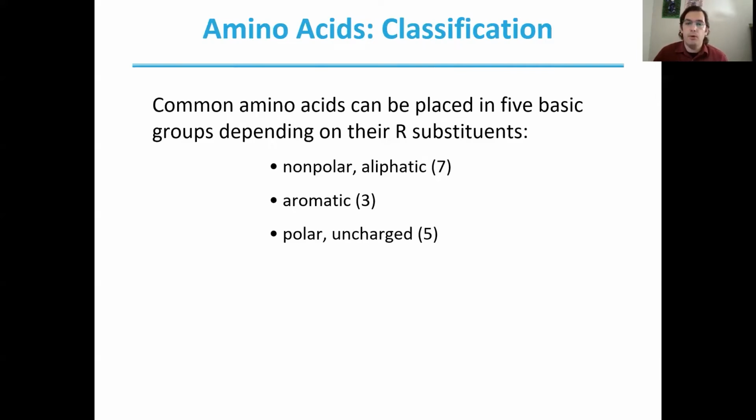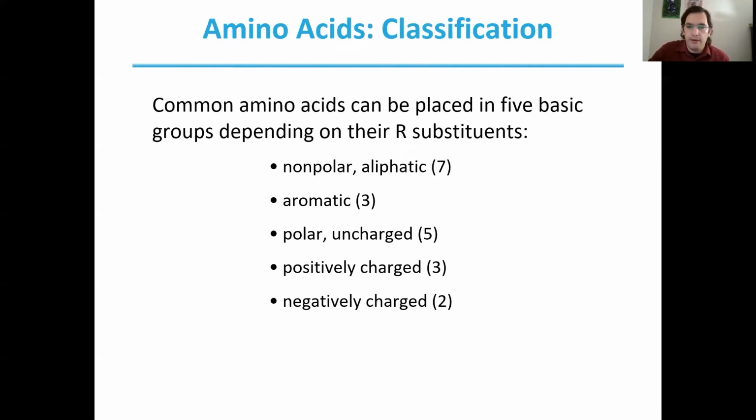We have more polar, uncharged R groups. We have positively charged R groups, and we have negatively charged R groups. So these are the 5 main categories that we'll typically see in biochemistry. Of course, there are other ways to organize our 20 different amino acids and categorize them based on some of the shared chemical functionality between different amino acids, but this is the most common classification.